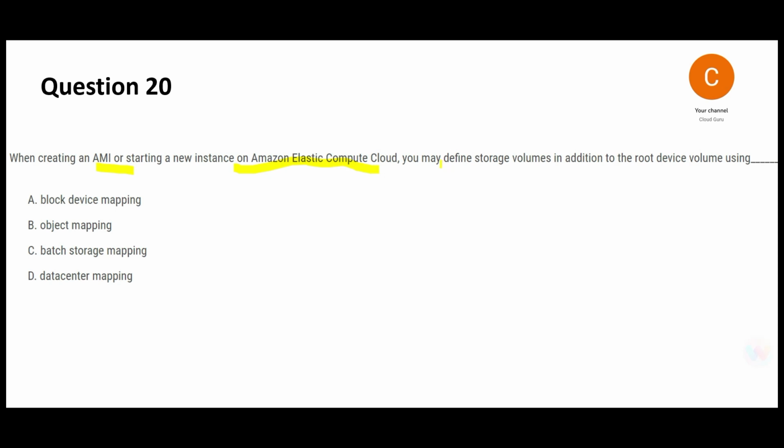They are saying that you are defining storage volumes in addition to the root device. How can you do that? The root device, by default, will be there, you have to create it. But sometimes apart from the root device, people also add additional storage devices. For example, consider your desktop in today's world.